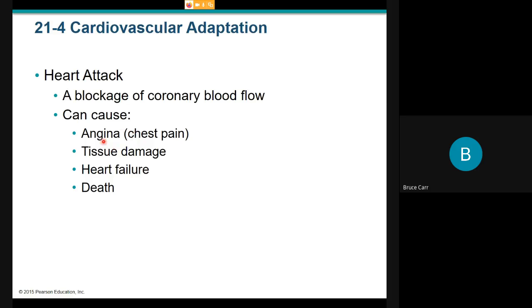You're basically putting acid in a muscle, and the nerves say, wow, that hurts. It's called angina, although angina does not always precede a full cardiovascular event. As you deprive oxygen, more and more tissue can be damaged or even die, and death can result.